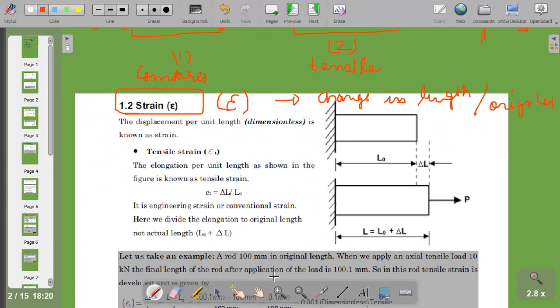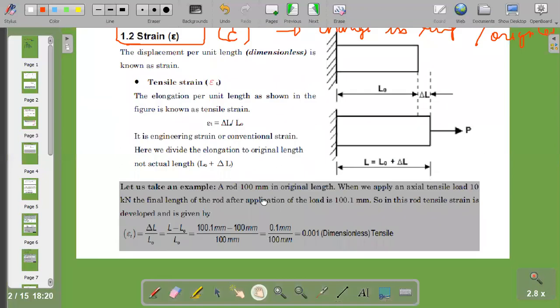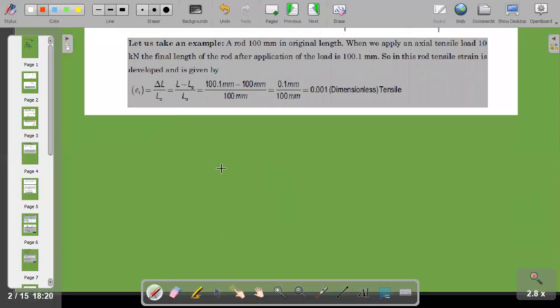So if you are applying a stress, like tensile stress, force P, the length of this will surely increase because it is extended in this direction.